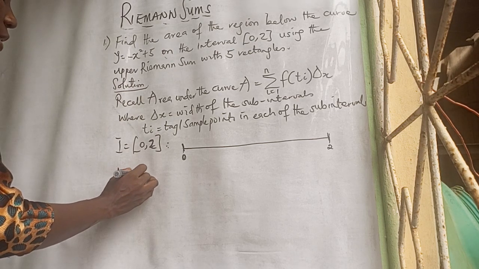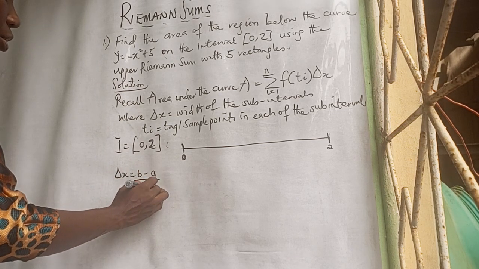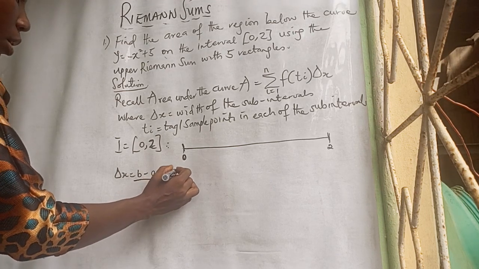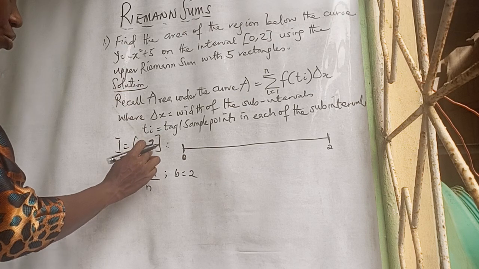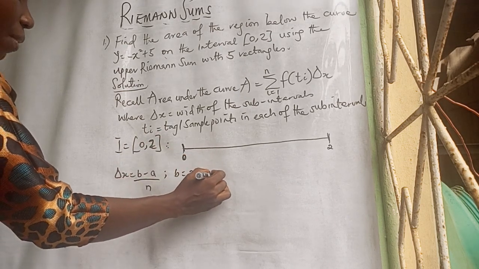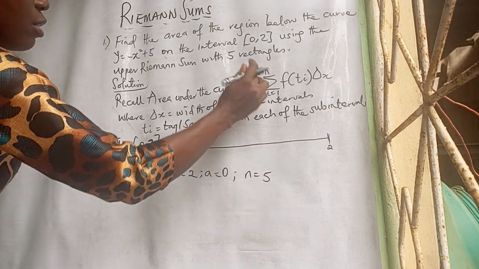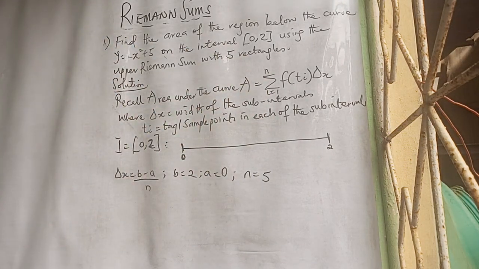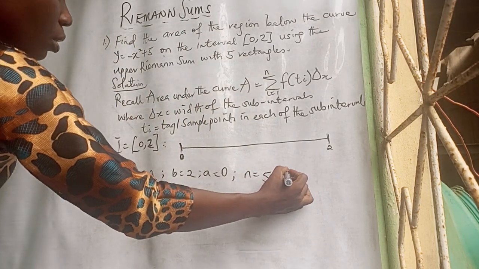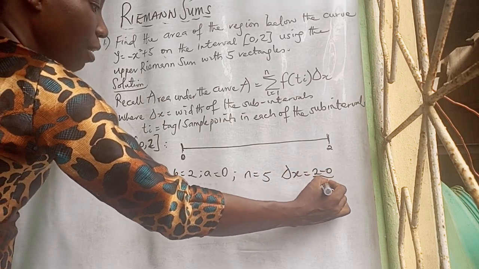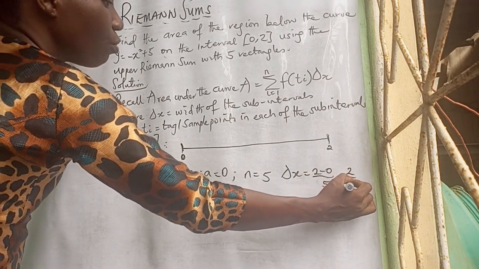Our delta x is b minus a over n. What is our b? Our b is 2. Our a is 0. And our n is 5, the number of rectangles. So we have delta x to be 2 minus 0 over 5, and that is 2 over 5.